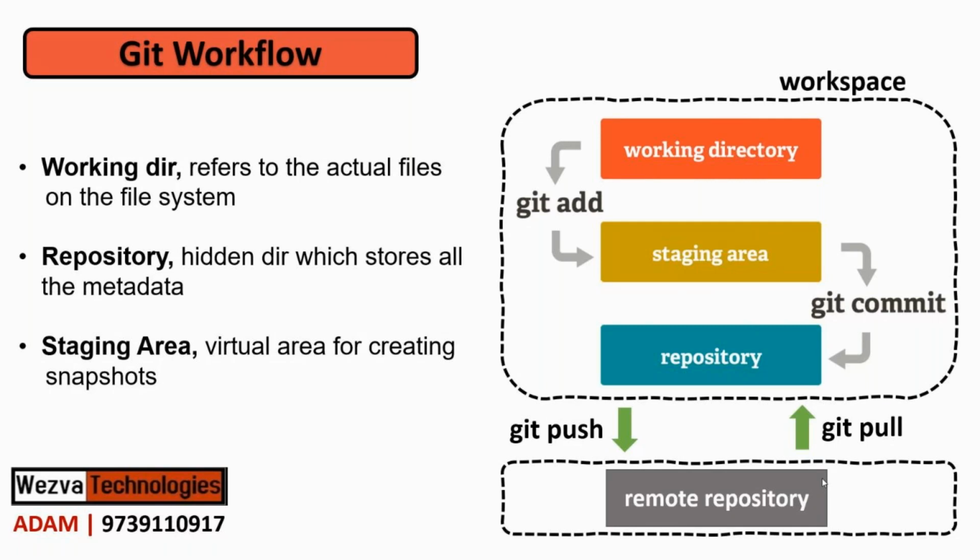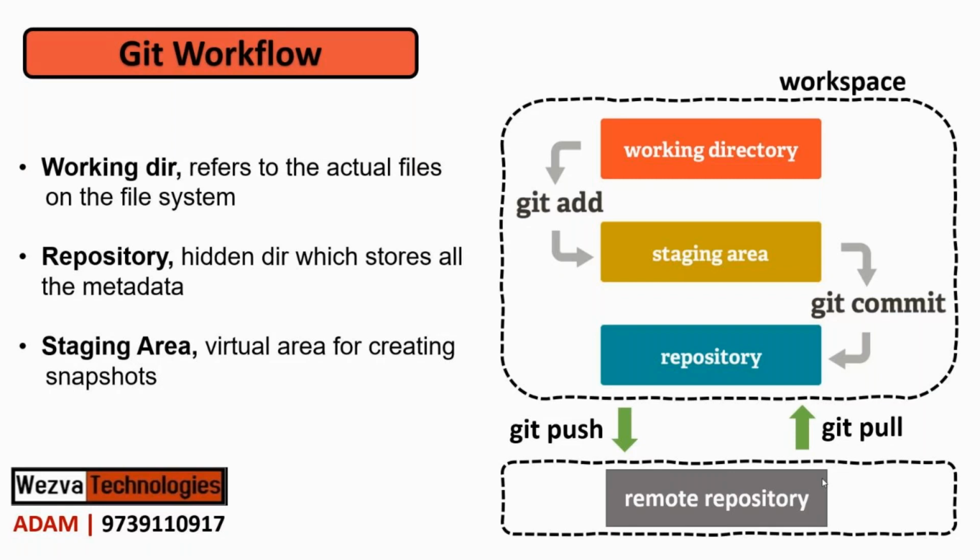Push means from your local repository, you are pushing some metadata to the central or remote. Pull means from the remote repository, you are taking the latest metadata to your workspace, because you will not be doing git clone every now and then, because clone creates a new workspace. So you don't need too many workspaces.